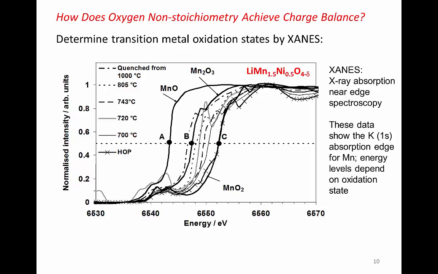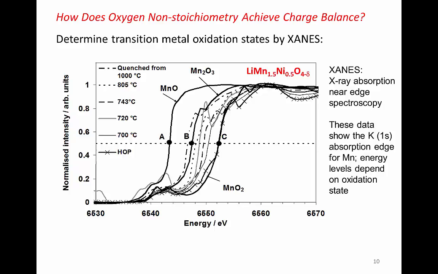A is for manganese oxide MnO containing manganese 2+, B is for Mn2O3 containing manganese 3+, and C is for MnO2 containing manganese 4+. And so if you have your unknown sample, measure its K absorption edge, you can get a pretty good idea of the oxidation state of manganese in your sample. And from the graph here, it's rather busy, a lot of data on it.